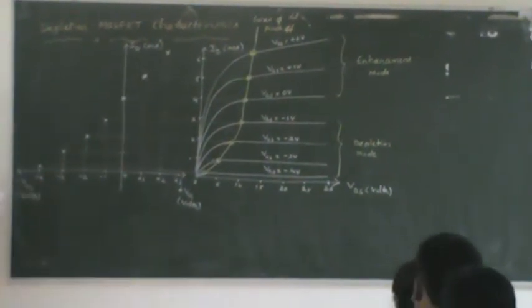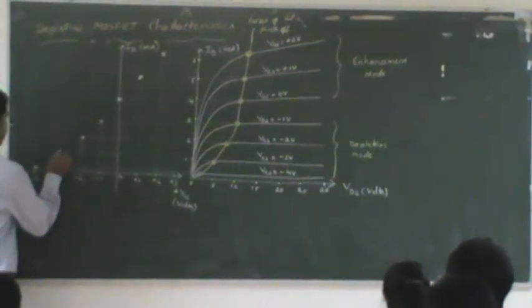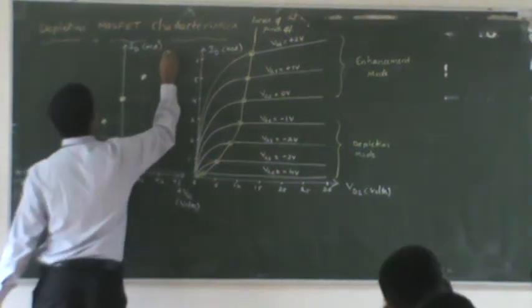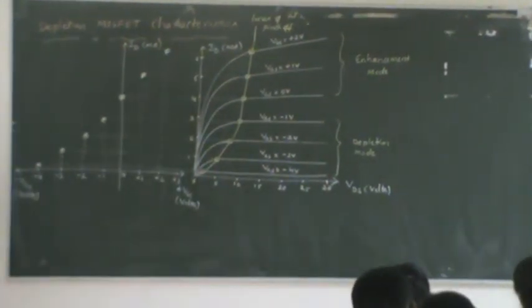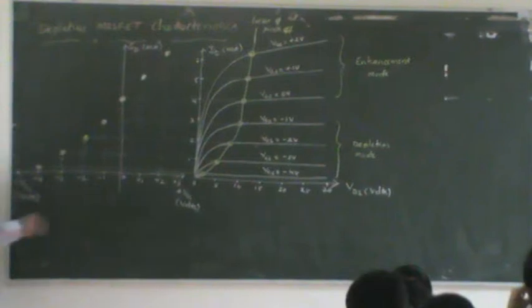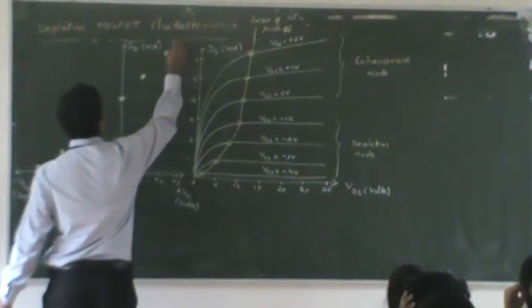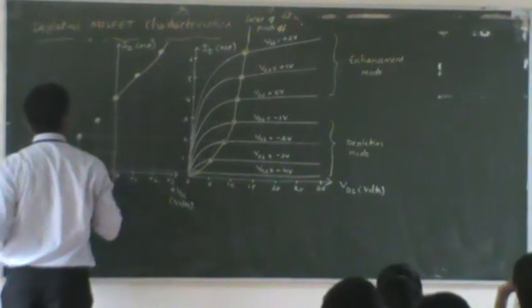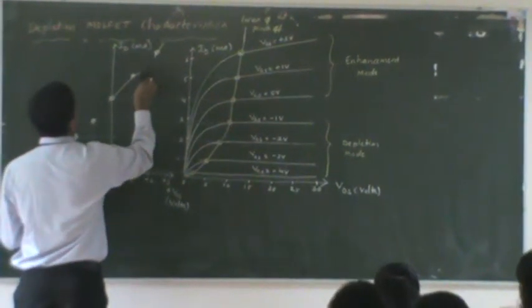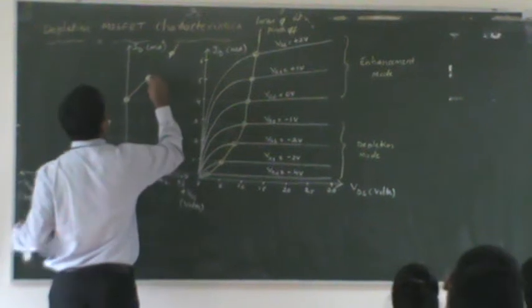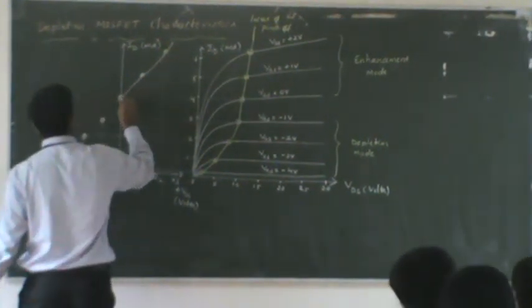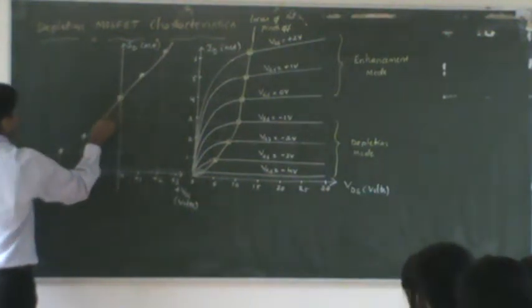Just connect all these points to get the transfer curve. You join all these points, and that results in the transfer characteristic. Make it almost straight.